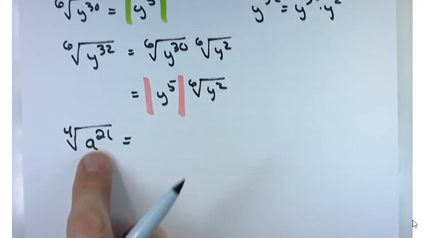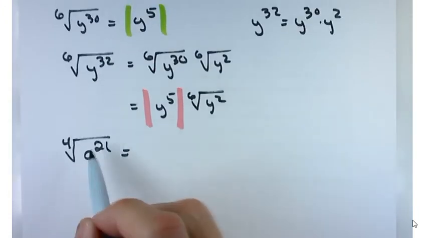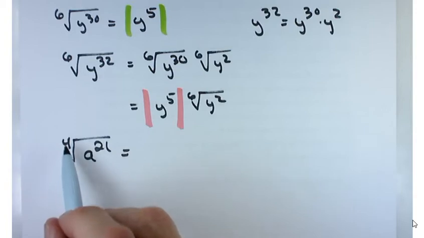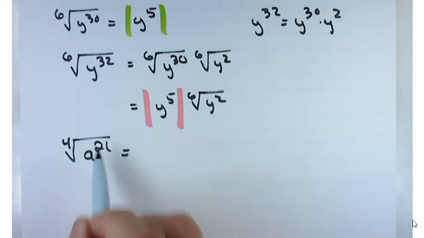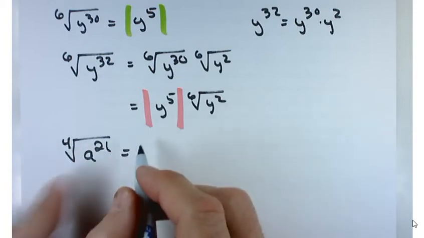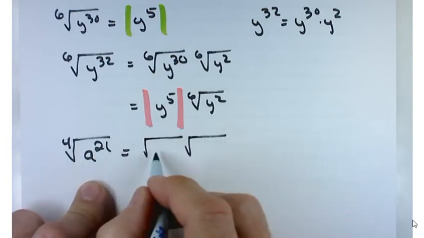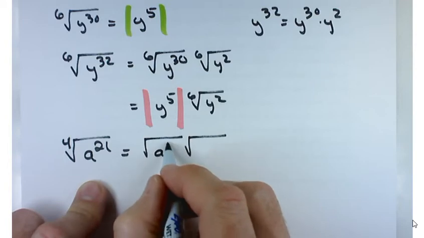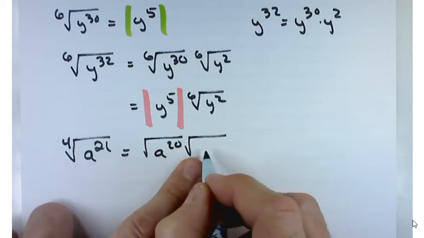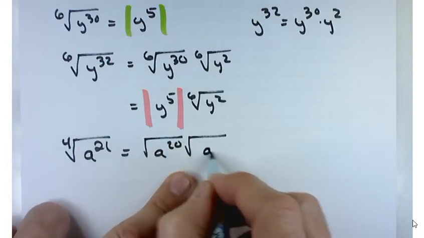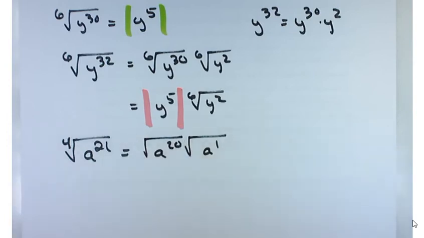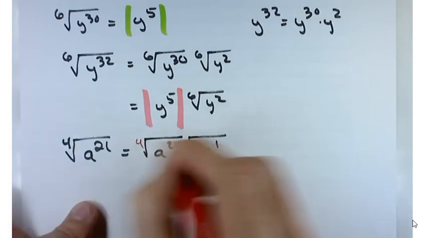Now, kind of like the last one, I want this exponent to be divisible by this, right? 21 to be divisible by 4, but 21 is not divisible by 4. Is there a number close to 21 that is divisible by 4? 20. How many would that leave left over for this one? 1. And this is still the fourth root. Let me squeeze it in here. 4 and 4.